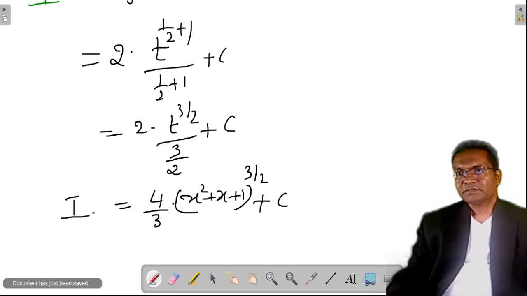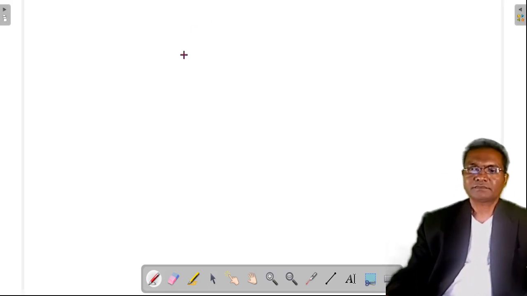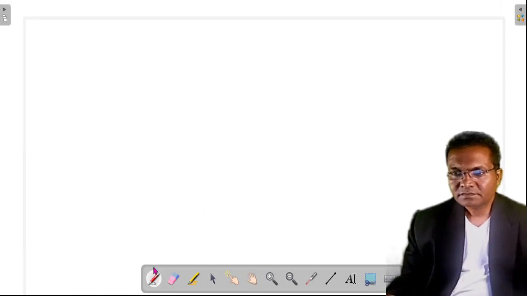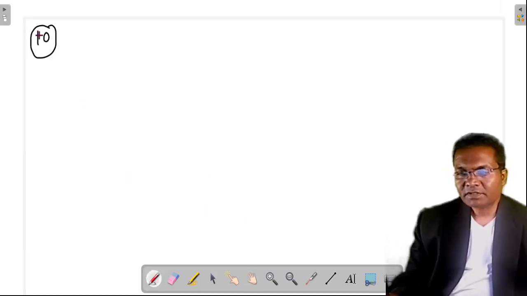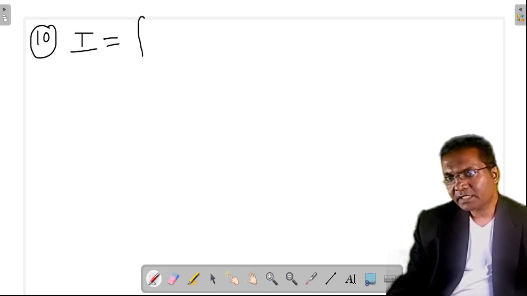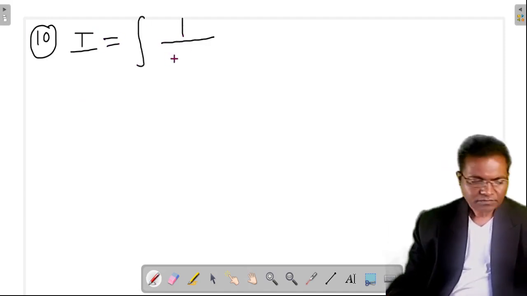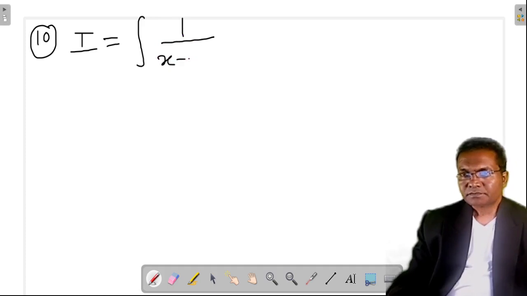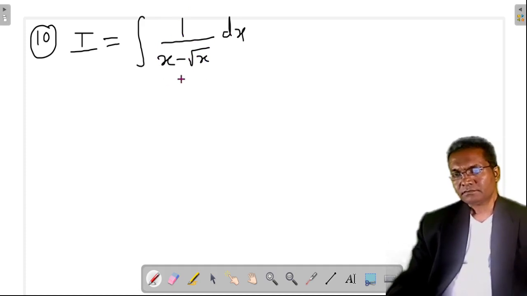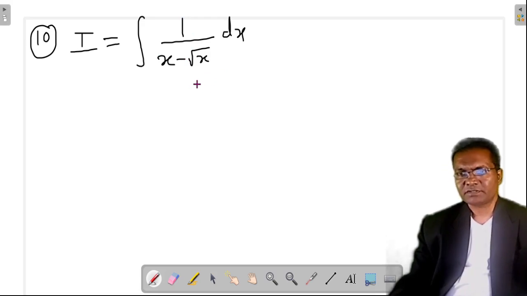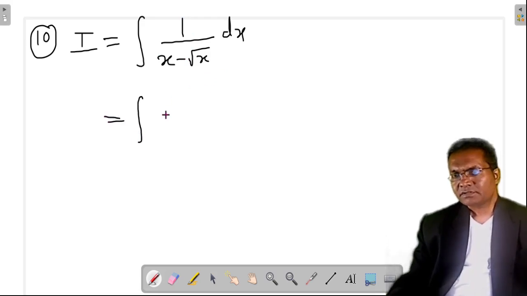Last one of the session. 10th one. Let us say I is equal to, you are given this to integrate. You are asked to integrate 1 by x minus root x. Okay. So I can take, actually x means what? x means it is root x into root x.